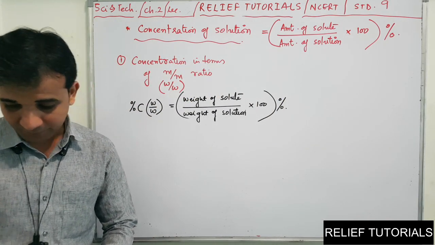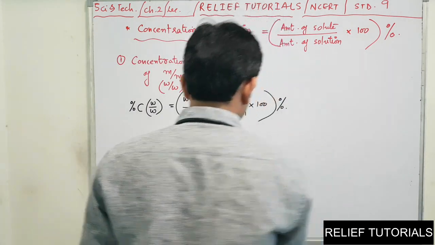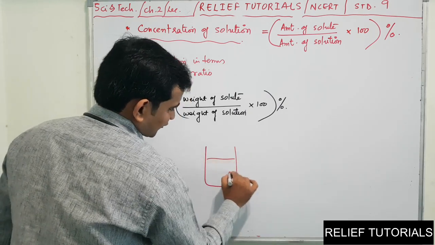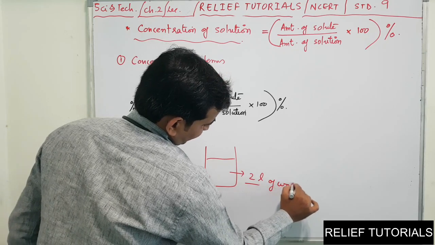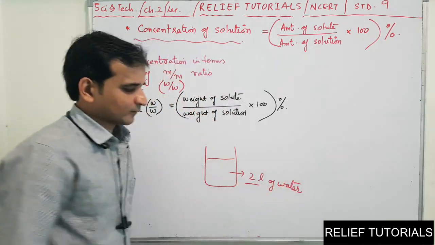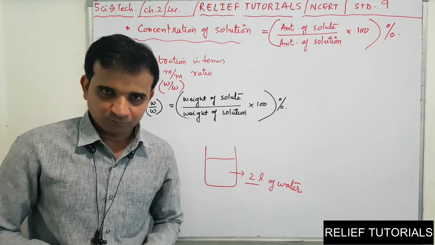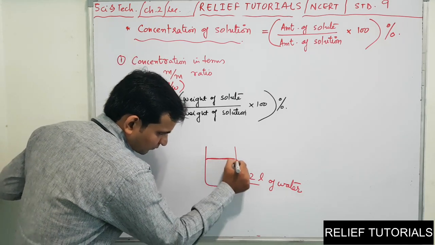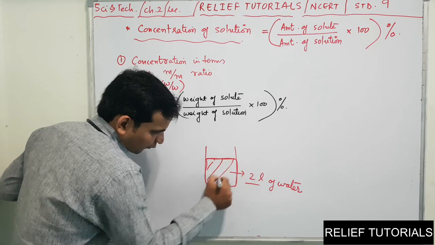Sometimes it is given like this. For example, if I say here I have 2 liters of water. Liter is a volume. So this is the volume. This region represents 2 liter volume.